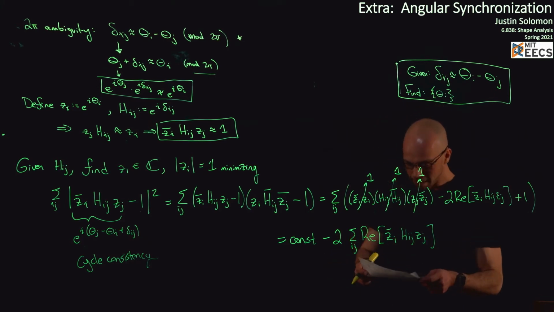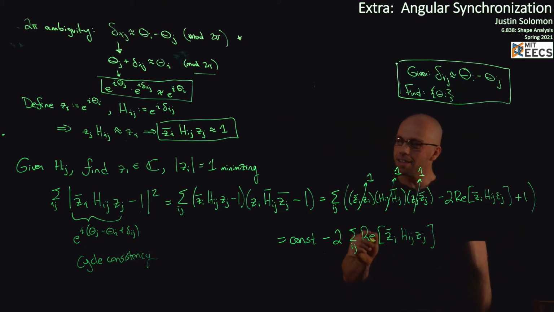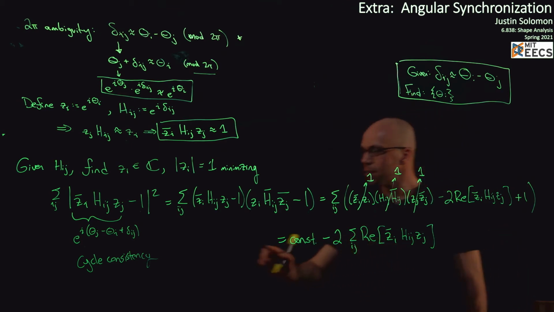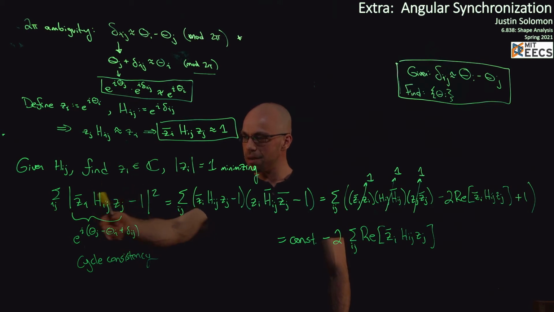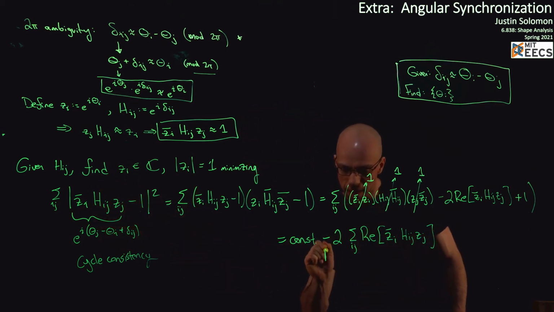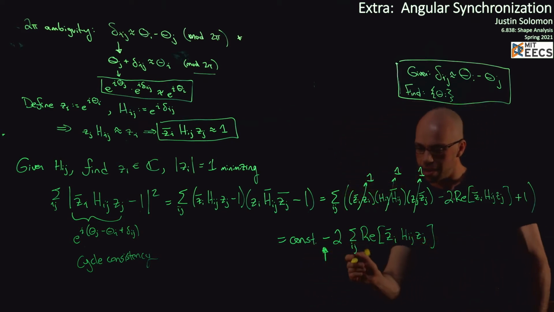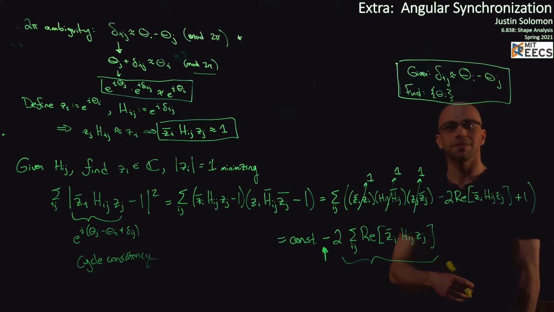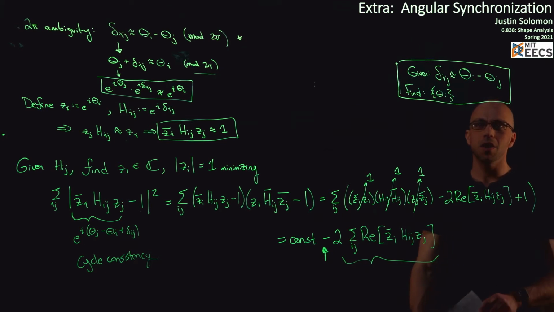Right. So what is this really telling us? This is telling us that when we optimize, if we want to solve our least squares problem, to find the z's that minimize this thing, notice there's a minus sign here. So our angular synchronization problem is the same as maximizing this expression. So at the end of the day, what is our goal here?